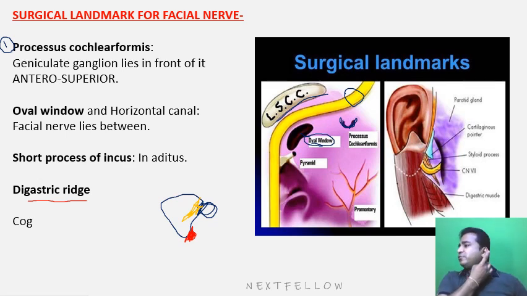Suppose we have given the incision for the superficial parotidectomy, we try to find the digastric muscle's insertion into the mastoid bone, and once we look at the digastric ridge, we know that the facial nerve will be medial to that, not lateral to that. And the last landmark is the cove. Cove is again a bony projection, or we can say bony ridge.